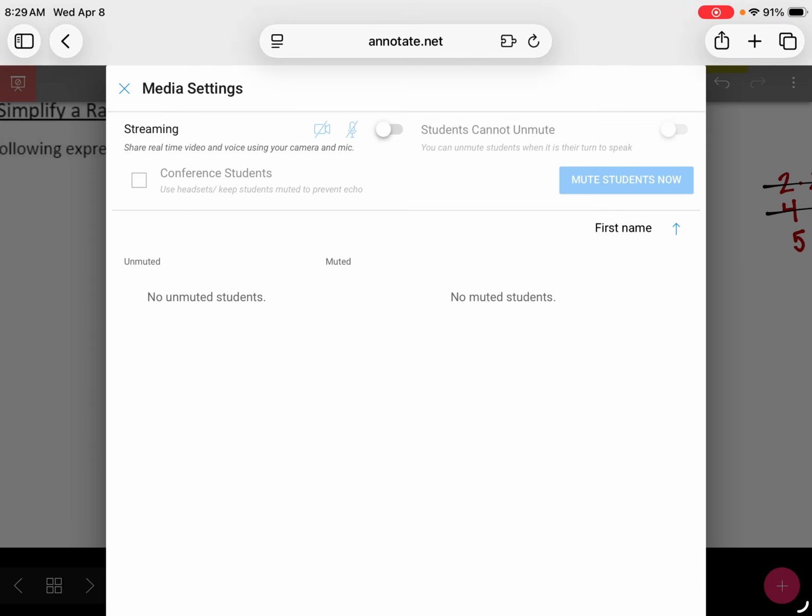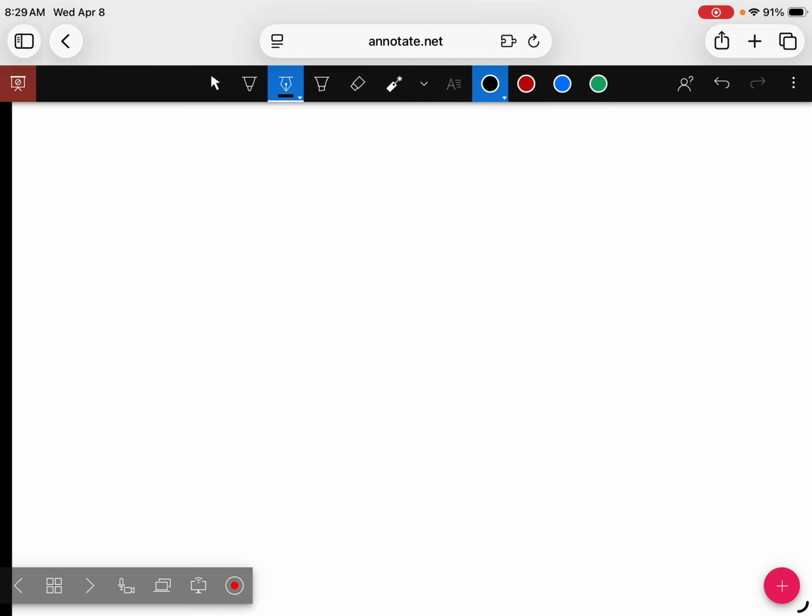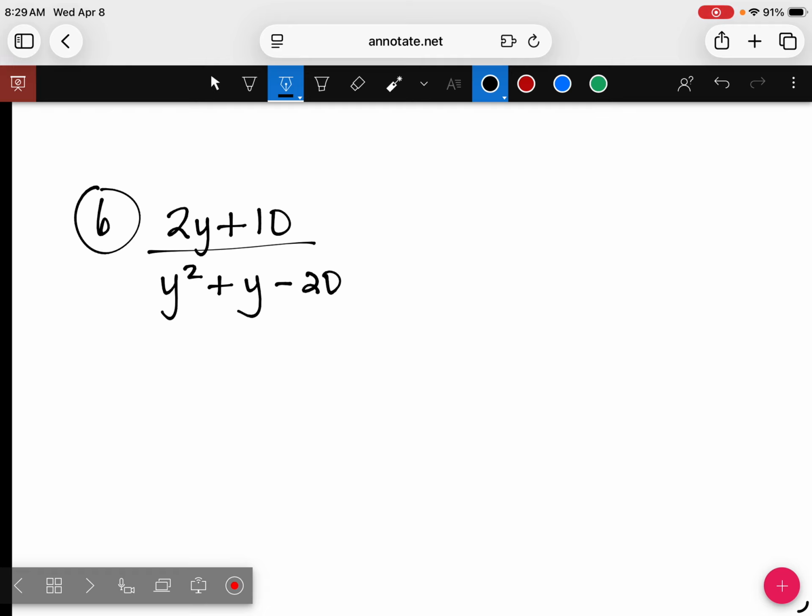All right, so let's look at number 6. So we have 2y plus 10 over y squared plus y minus 20. All right, the only thing we can do in the numerator is take out a greatest common factor. We're not making an x. That's the only thing we can do. What is my greatest common factor for 2y plus 10?